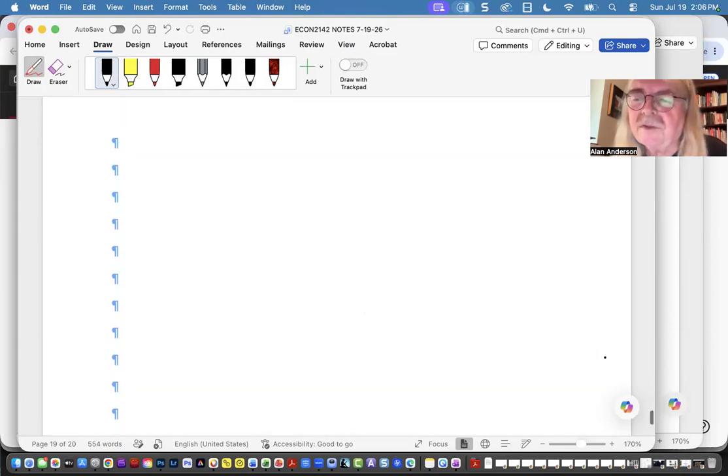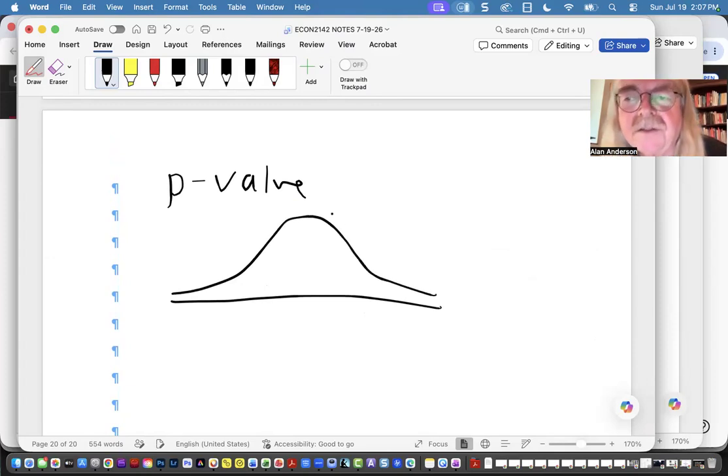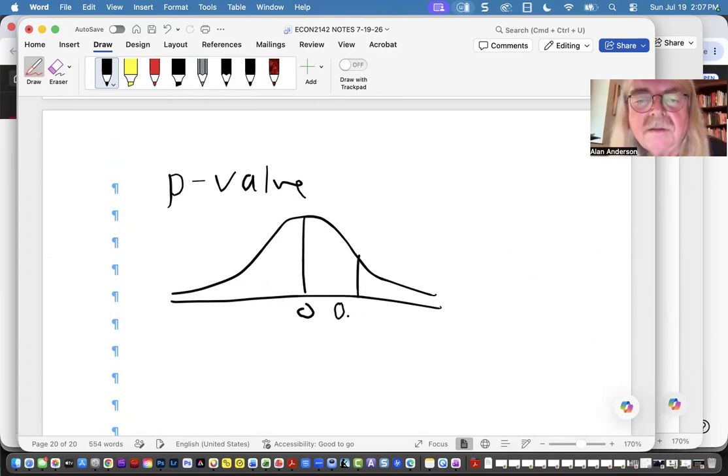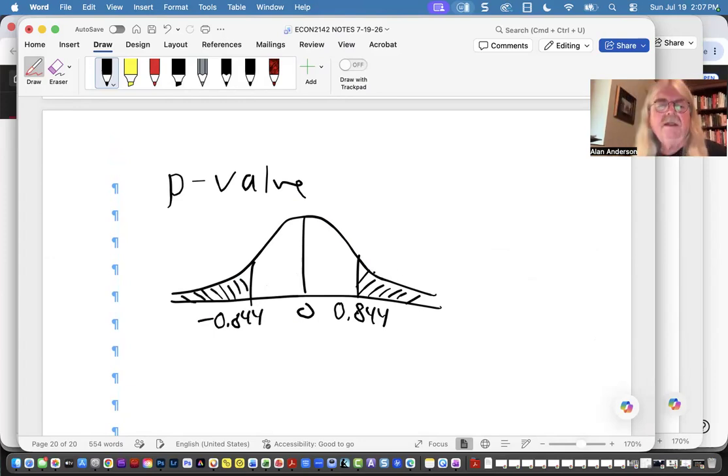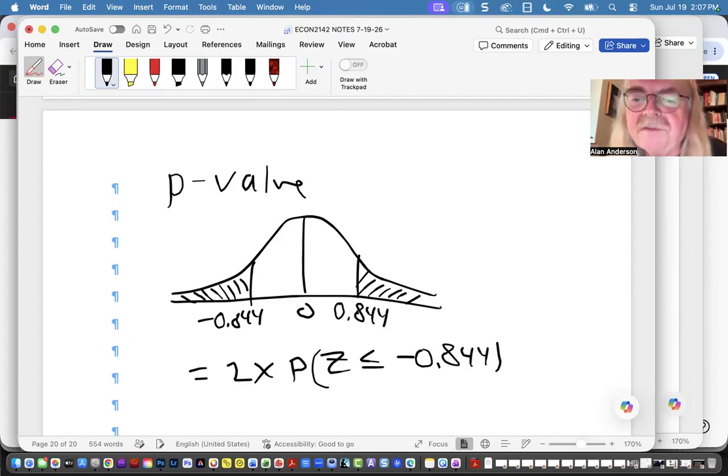All right. And of course, we still need a p-value. And this is a two-tailed test. What we have to do is this. We need both tails. So we're going to get 2 times, we'll double the left tail.